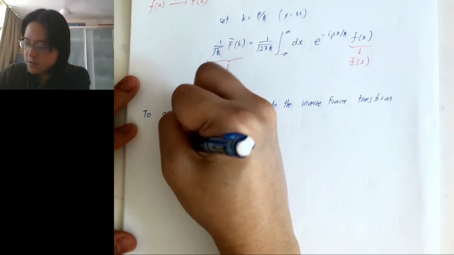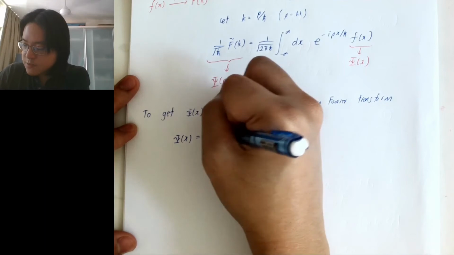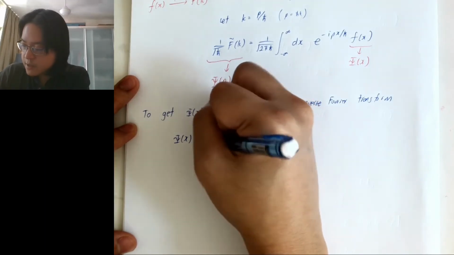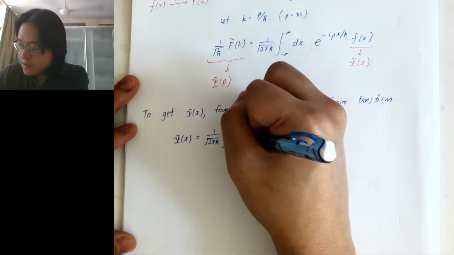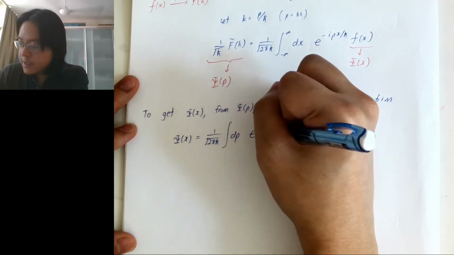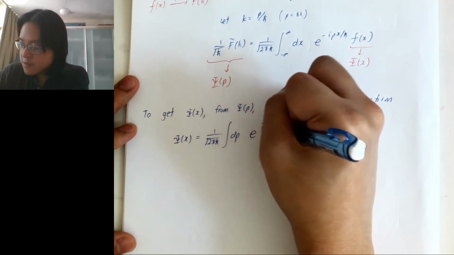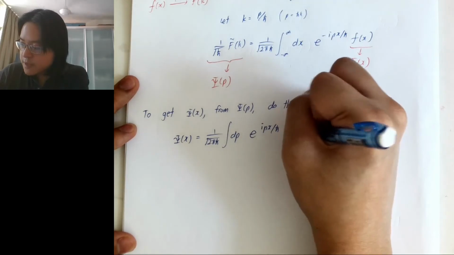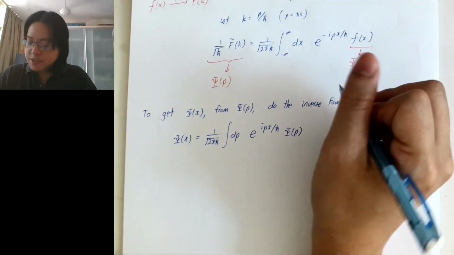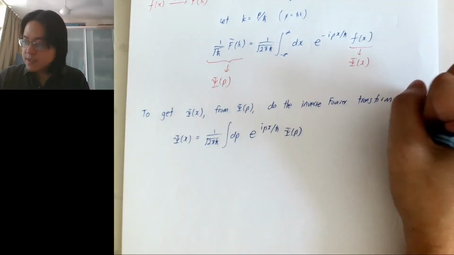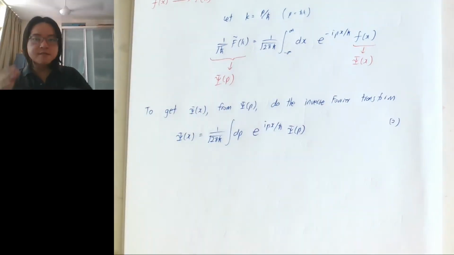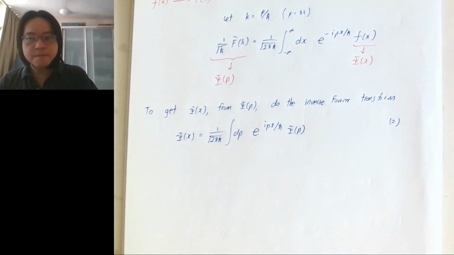Okay, so psi of x is 1 over the square root of 2 pi h bar, integral. Now you integrate dp, and then it's positive ipx over h bar, and then the momentum representation. Okay, so this is equation 2. This is an inverse Fourier transform.